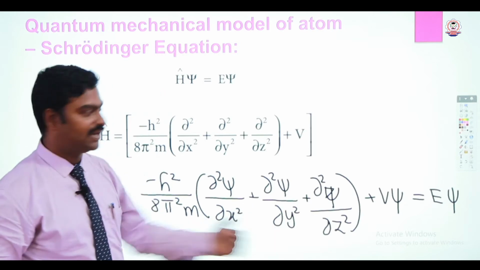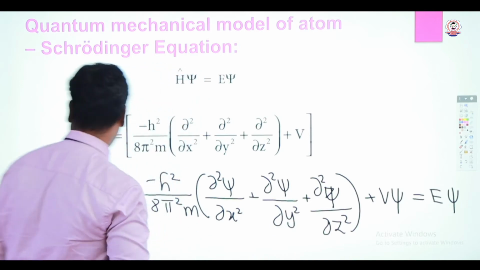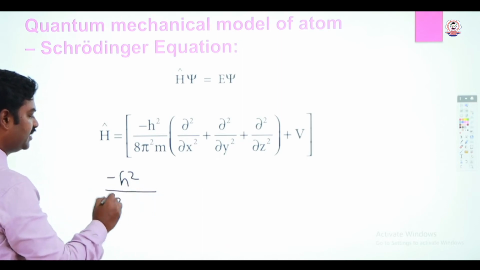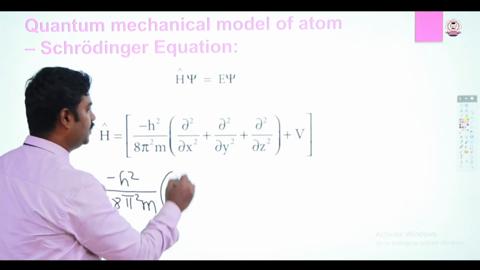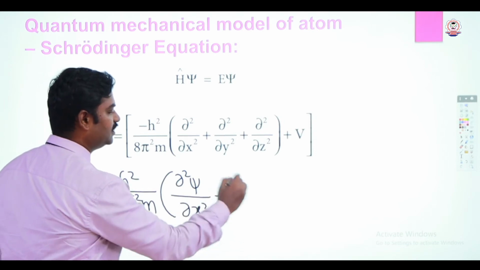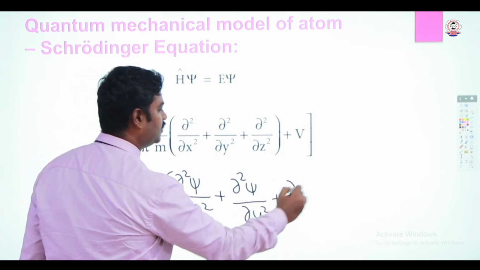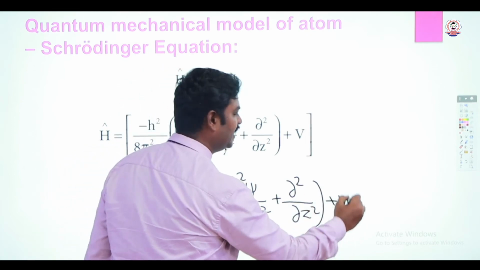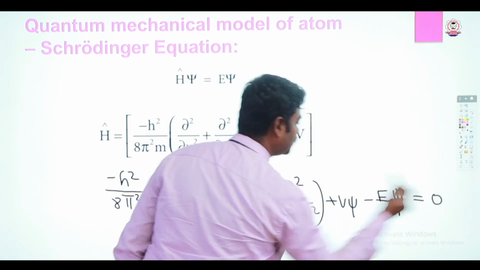Now we got this equation. Now bring E psi to the left-hand side. The equation becomes minus h square divided by 8 pi square m into dou square psi divided by dou x square plus dou square psi divided by dou y square plus dou square psi divided by dou z square, plus V psi minus E psi, equal to 0.